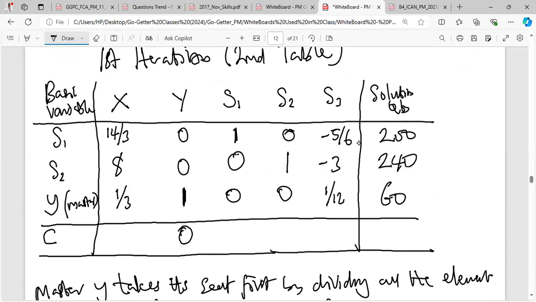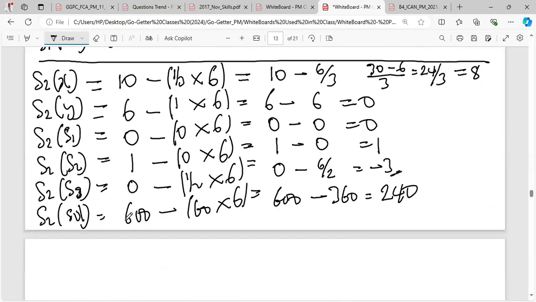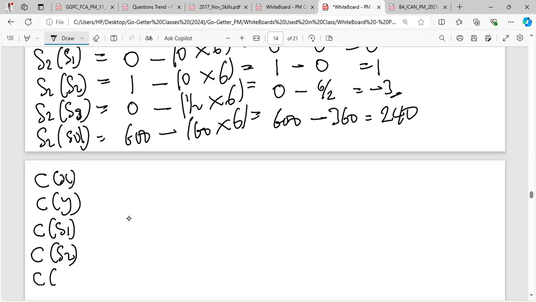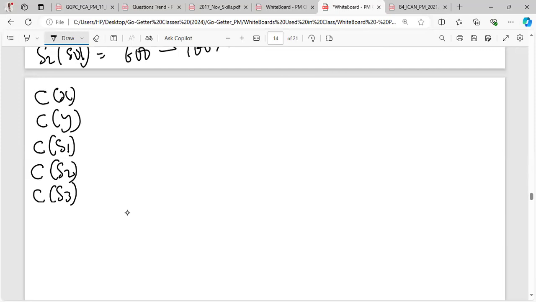All right. Then we have one more lap to go. We'll do C. So just the same way we did that, we did C, X, C, Y, C, S1, C, S2, C, S3, and C solution.